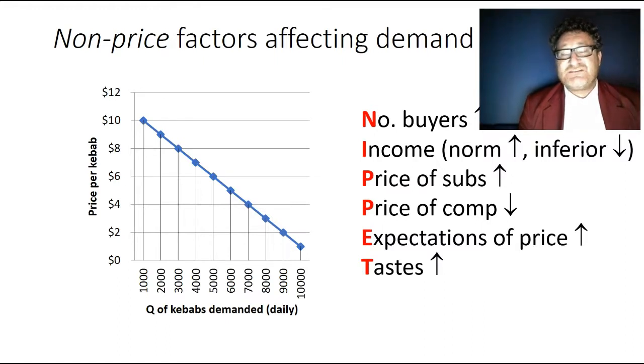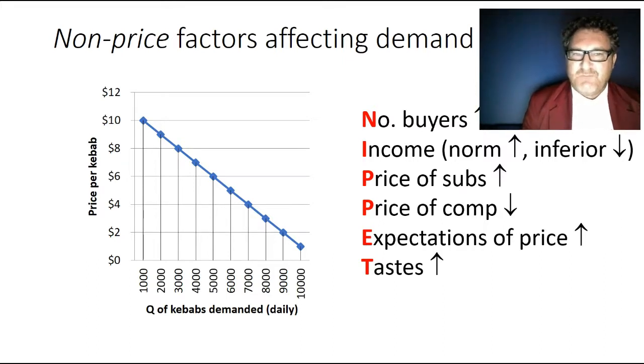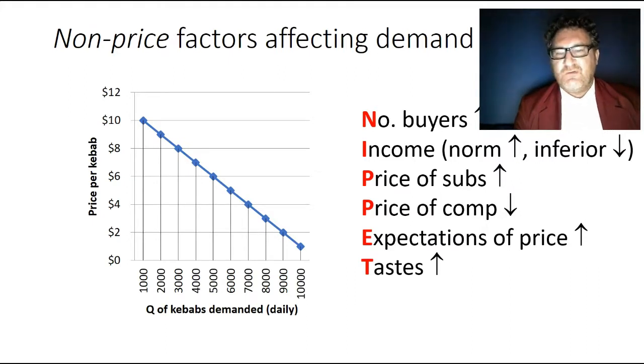If the price of substitute goods went up, say the price of slices of pizza went up to $1,000 a slice, then presumably people would switch over to kebabs, and there would be an increase in the quantity demanded of kebabs, even if the price hadn't changed.